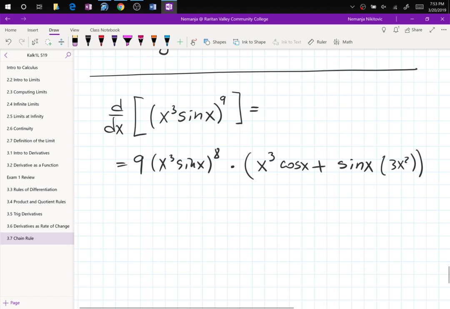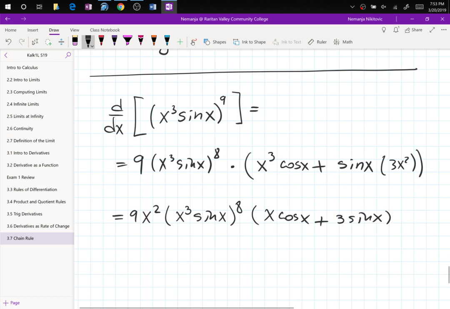Now we make it pretty. We can kick out x squared: 9x squared, x cubed sine x, everything to the 8, times x cosine x plus 3 sine x.